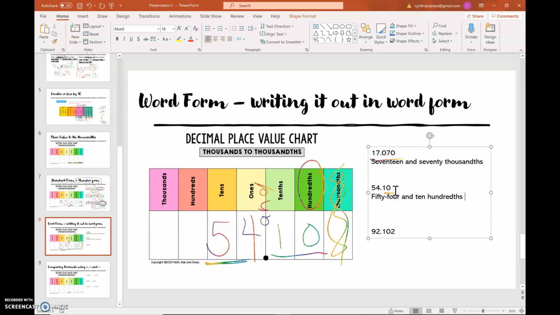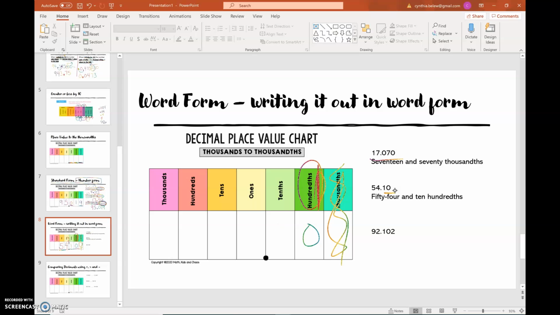And what they forget to do is put the place value. They'll just put 54 and 10. And that's not a number. They need to come back to the place value chart and write that last place value. Also, make sure your child has this place value chart written in their math notebook. They should.